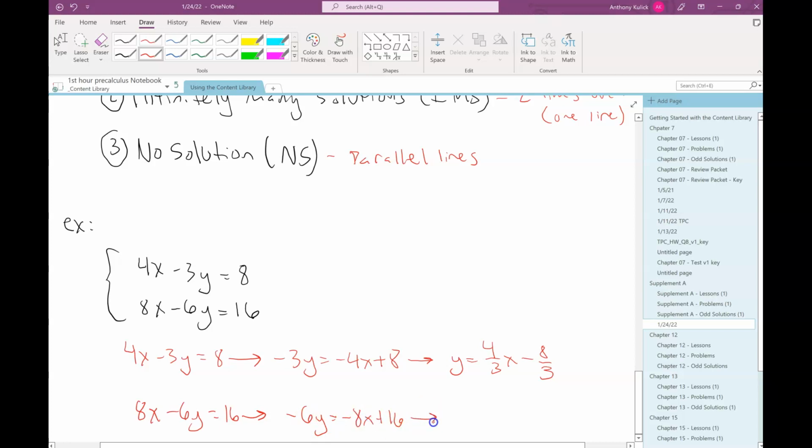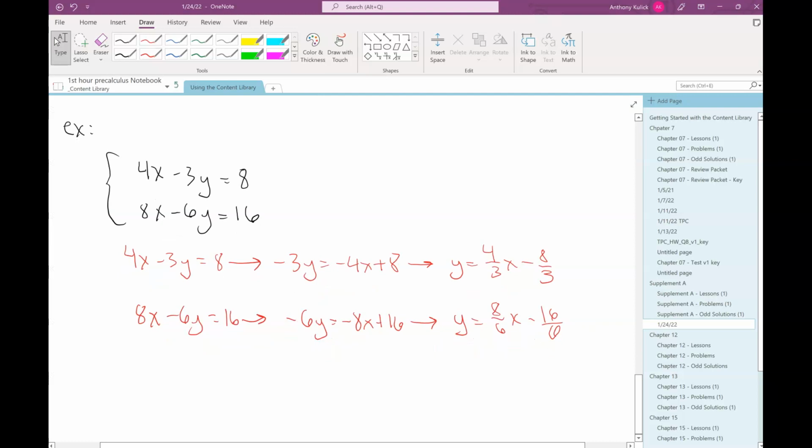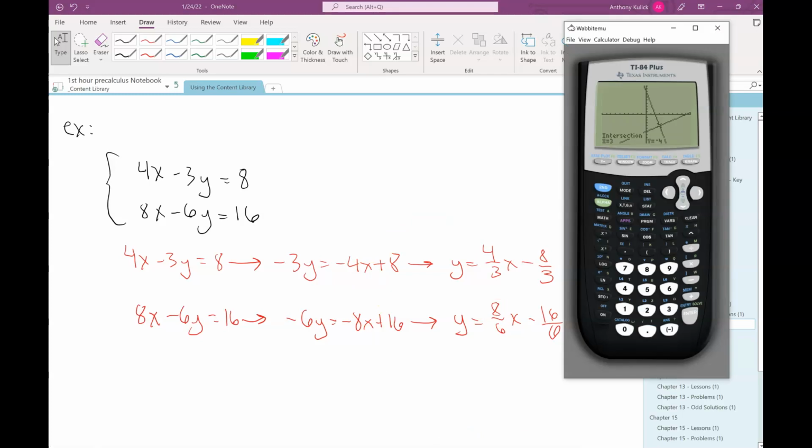And this can sometimes be the worst part, what we're doing right here. Notice that I'm not going to bother with reducing the fractions. Again, you could do that if you wanted to, but since we're just going to type this into the calculator and find an intersection or whatever, we don't need to do that.